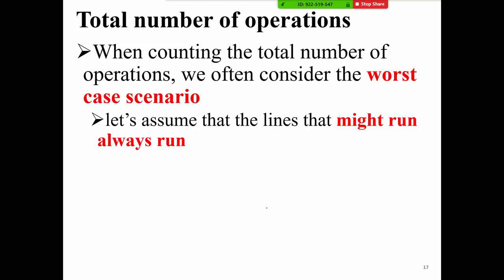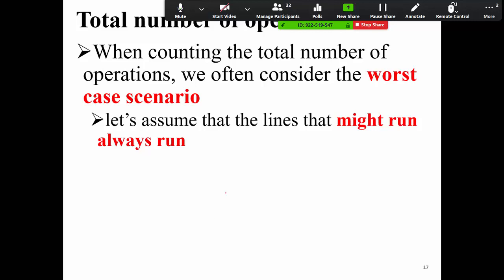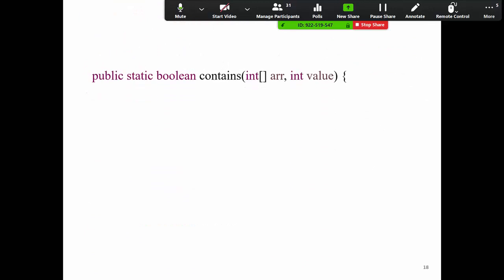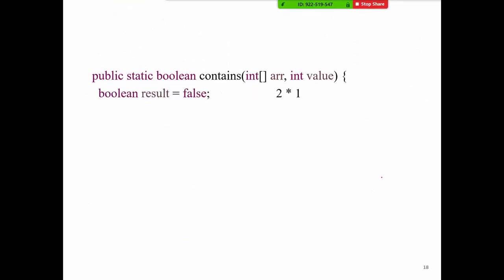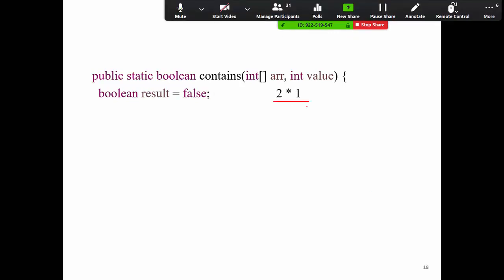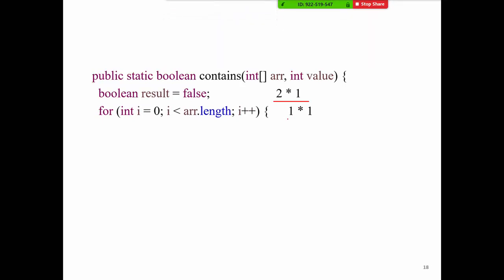You assume the worst case scenario, and based on that, you multiply the number of elementary instructions by the number of times each of these elementary instructions is executed. So the first line is 2 elementary instructions and it will be executed up to 1. So this will give us 2 times 1. The second line is a for loop. We assume the for loop is 1 elementary instruction and will execute up to 1.